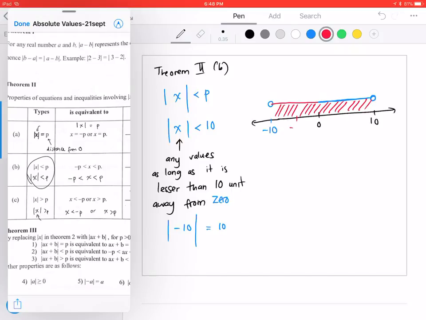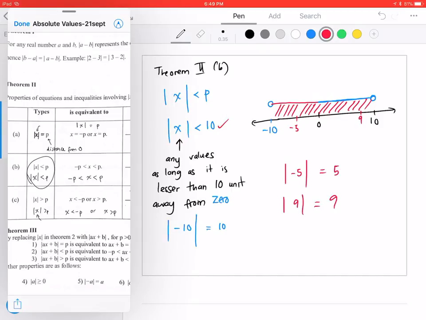Let's say you have your absolute value of negative 5. So you will get 5, right? Positive 5. So that is still 5 units away from 0, meaning that it is still under these two constraints. Let's say you have your absolute value of 9. So you'll get 9. So 9 is here. So it is only 9 units away from 0, meaning that this equation is still correct.